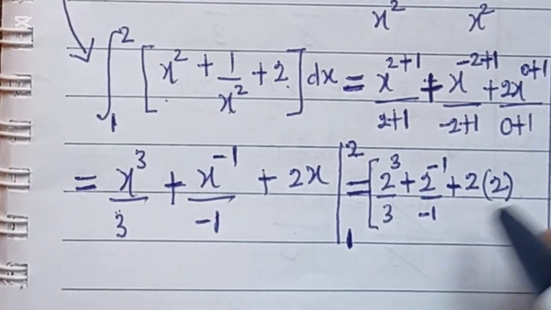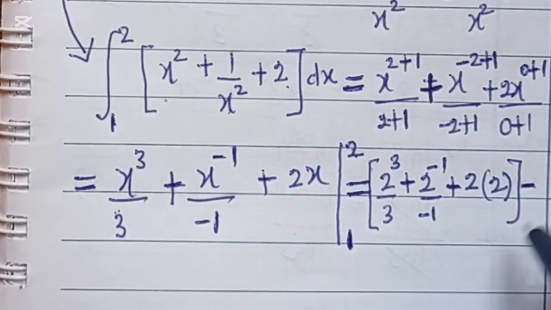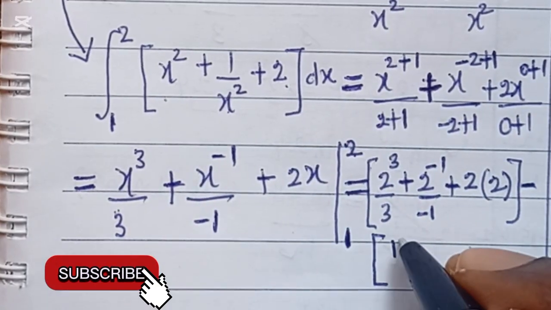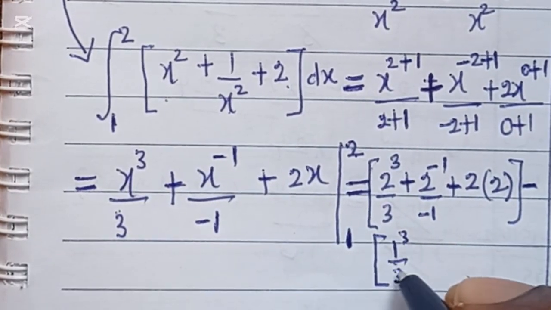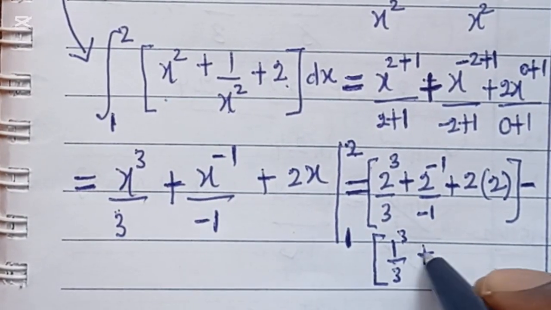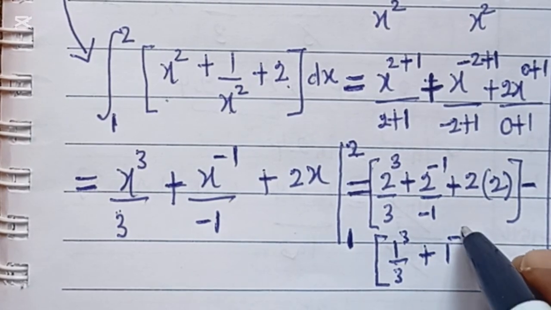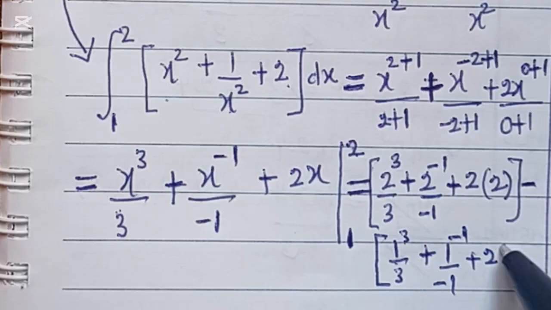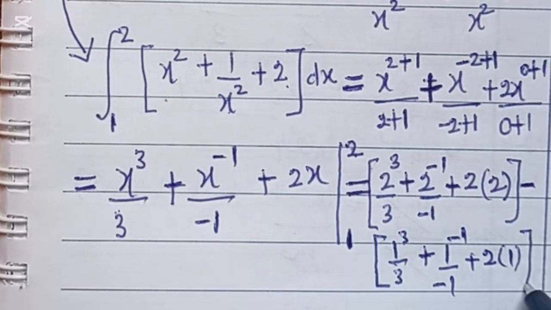Whatever we get from here, we subtract from what we get when we substitute 1: 1 to the power of 3 over 3, then plus 1 to the power of minus 1 over minus 1, plus 2 times 1. All right, this is what we get.